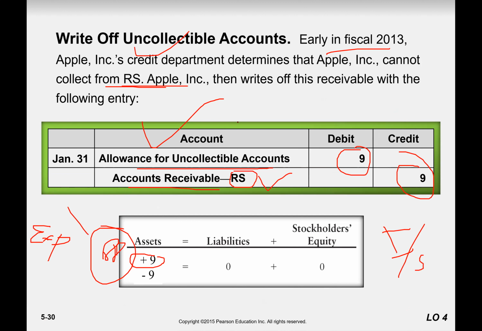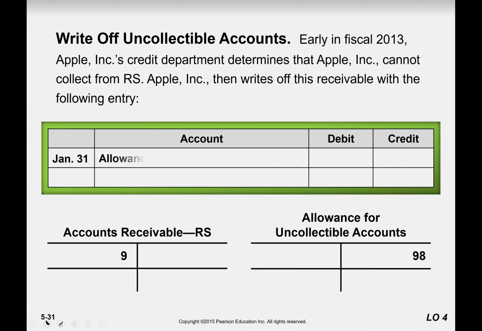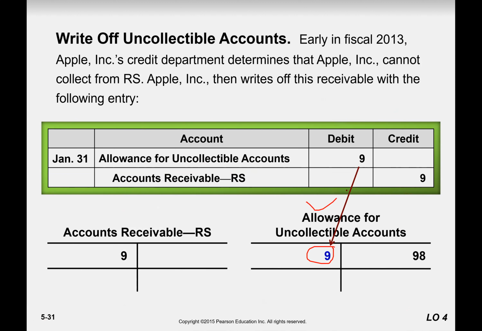If you put that entry in our ledger accounts, you see 9 is charged to the reserve and 9 is charged to the account receivable. Now what happened here? This is cancelled because 0 is the balance here, and our allowance is decreased to $89 million.